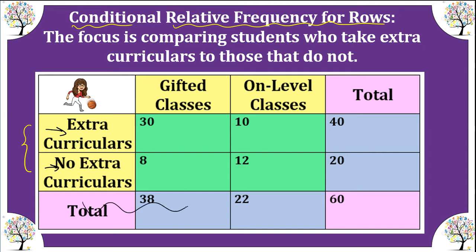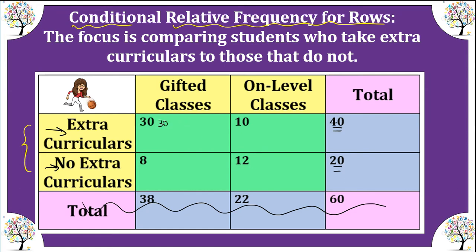So we're not going to use these numbers at all. Our total that we're going to be using is the total folks that take extracurriculars or not. So our denominator is either going to be 40 or 20 this time. So for conditional relative frequency for rows, you are just looking at the data in the rows.